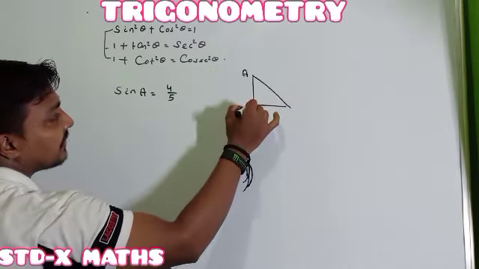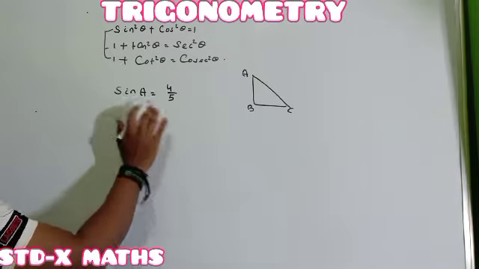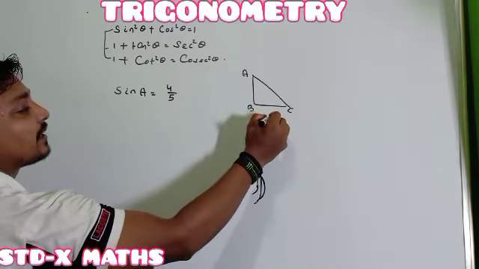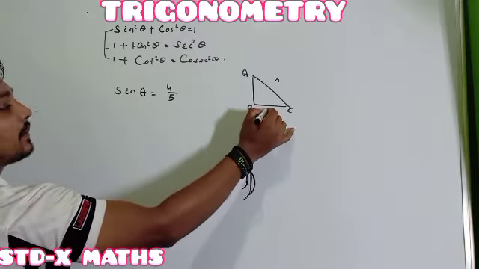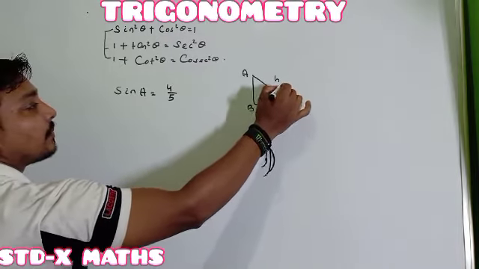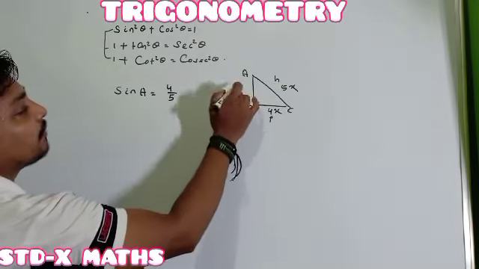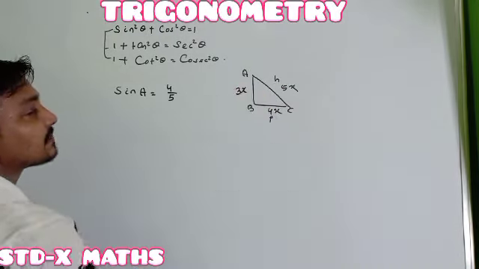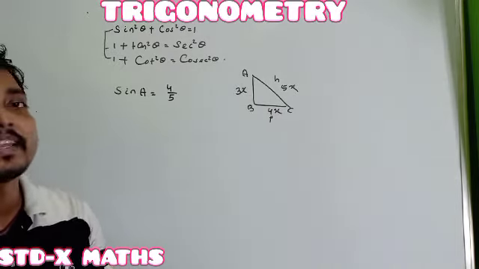Suppose this is A, this is B, this is C. Sin A means P by H, so this will be P and this will be H. So this becomes 4x and this will be 5x. Then by using the Pythagoras theorem, I can find this one will be 3x. That was the method I already said to you.